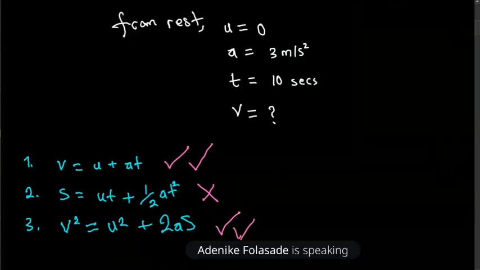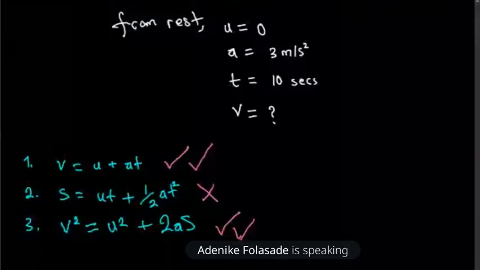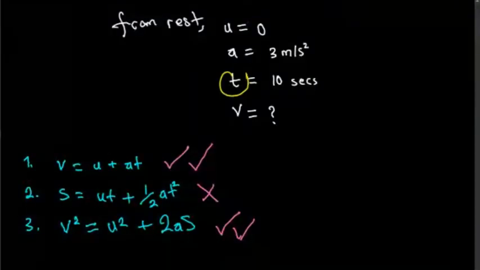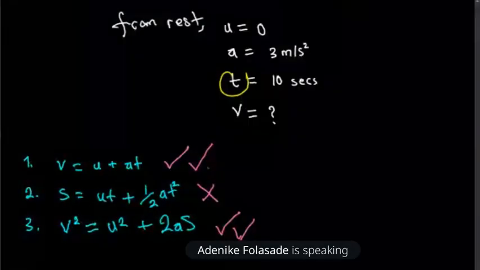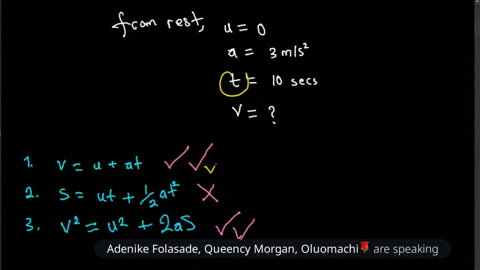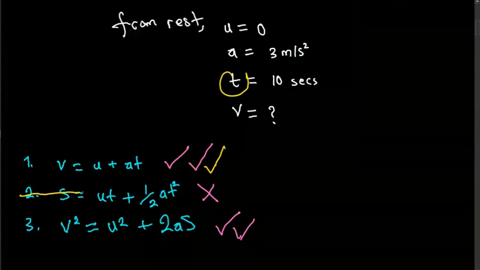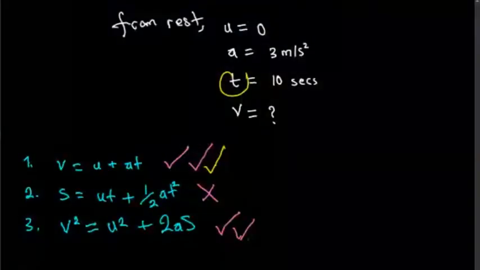Time. So is there time in equation 1? Yes, sir. There's time, sir. Remember, we cannot use equation 2 again. Equation 2 is out of this debate. In equation 3, is there time?